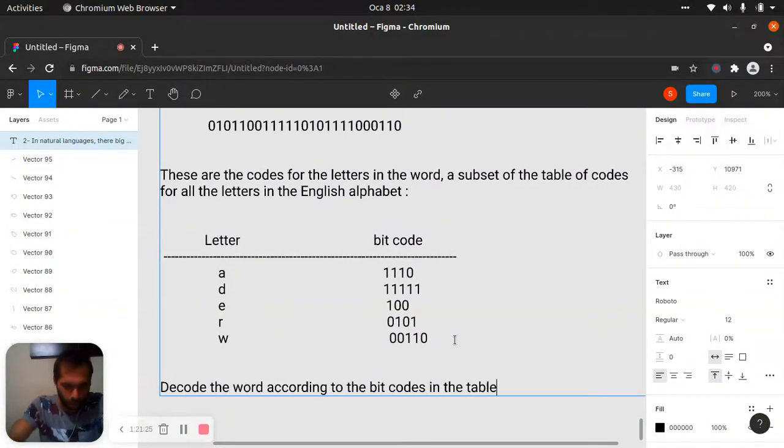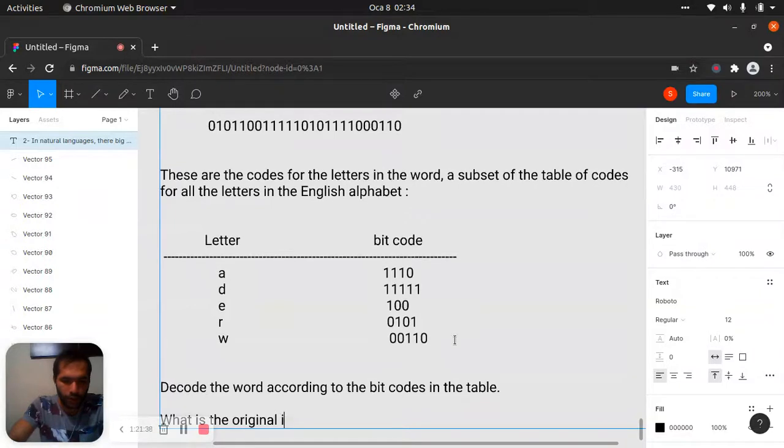What is the original English word represented by that encoding?